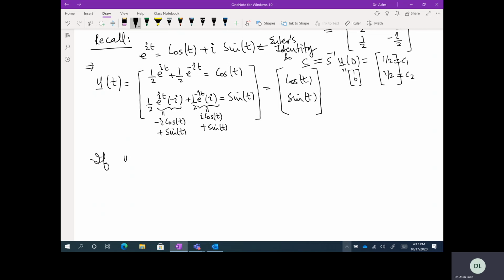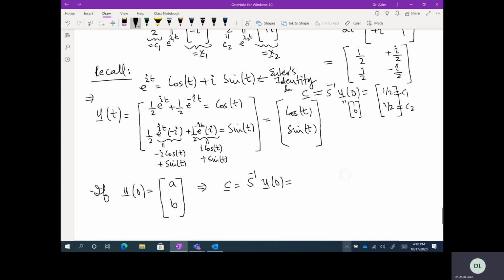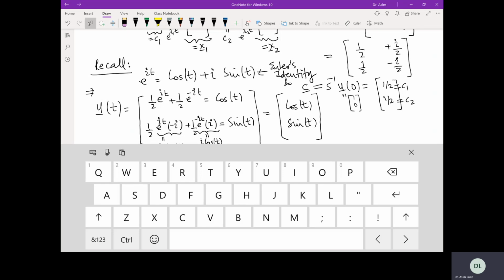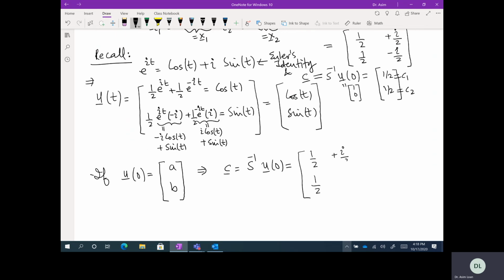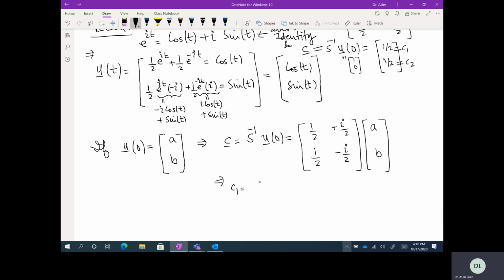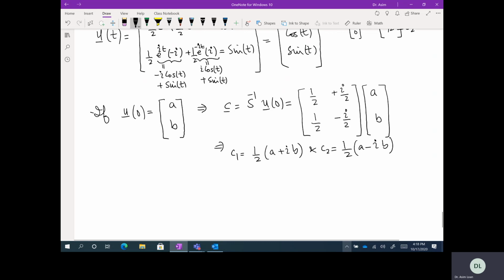What happens if U of 0 is some A, B? This implies C, which is S inverse U naught, equals half plus iota by 2, half minus iota by 2, and U naught is A, B. So this implies C1 is half A plus iota B, and C2 is half A minus iota B. And what is U of t?